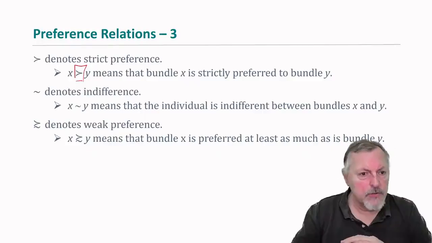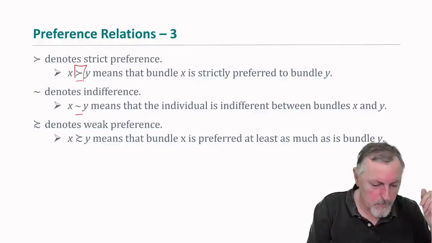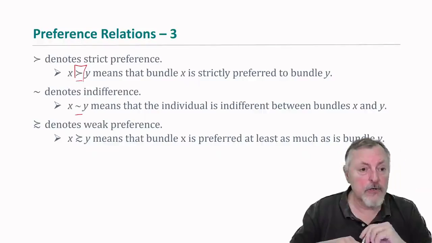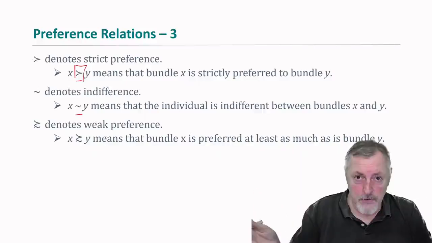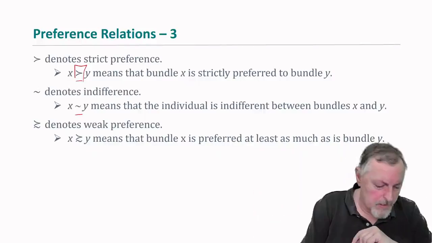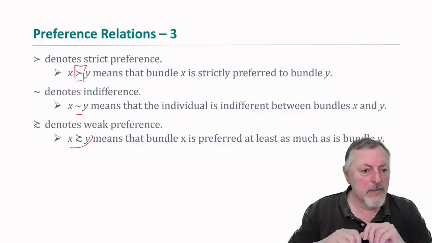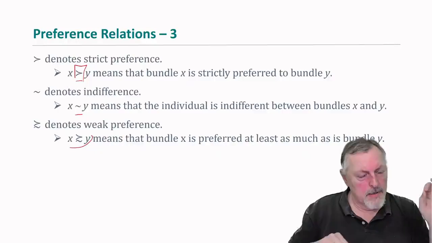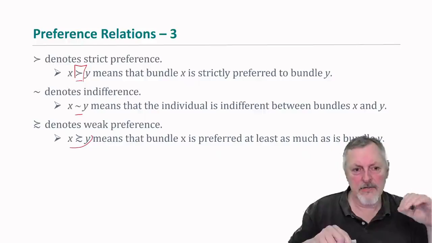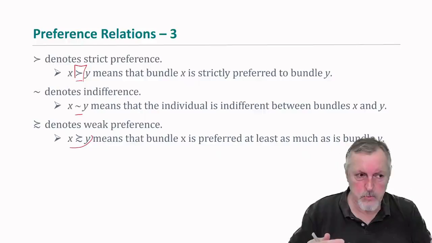That means that bundle X is strictly preferred to bundle Y. This means that you are indifferent between X and Y. And this one means that bundle X is at least as good for you as bundle Y, weakly preferred.